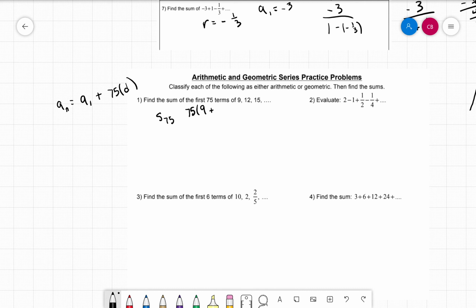So a75 is equal to a1, which is 9, plus 75 times 3. So this is 9 plus 150, 225, which I think is 234 over 2.